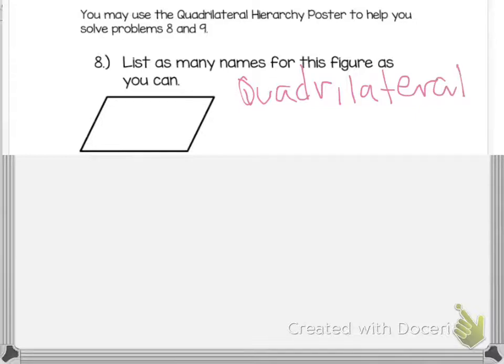Next, trapezoid, a quadrilateral with only one pair of parallel sides. Does this have a pair of parallel sides? Yes. Parallelogram. A quadrilateral with opposite sides parallel. Does this have opposite sides parallel? Yes.